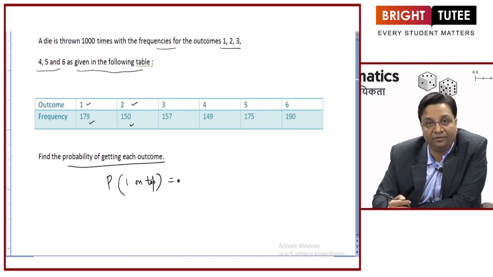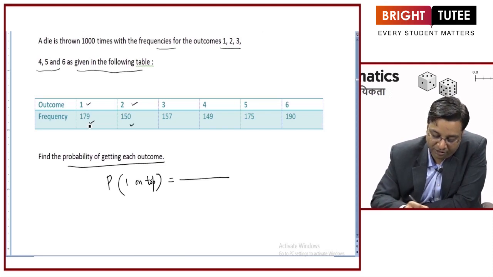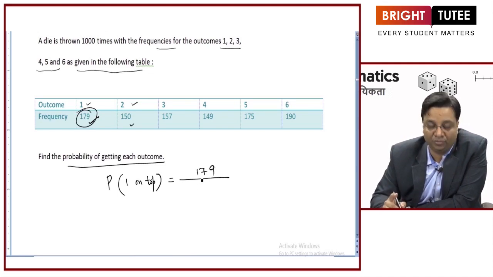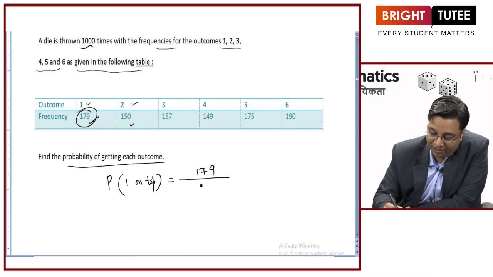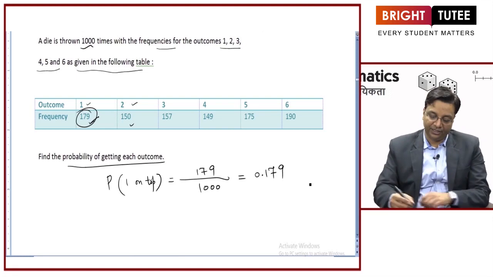Probability that the die will show 1 on top is equal to number of times this event occurred, 179 times, and total number of times the experiment was performed is 1000. So we will divide it by 1000, and the probability of 1 coming on top is 0.179, right?